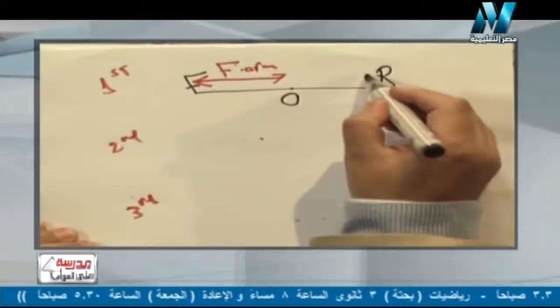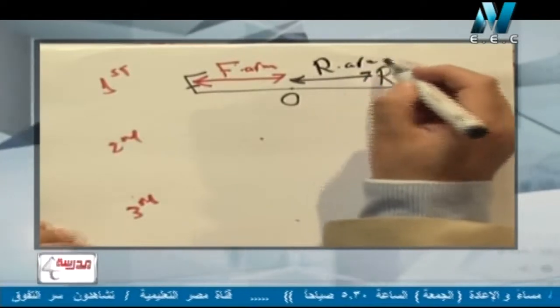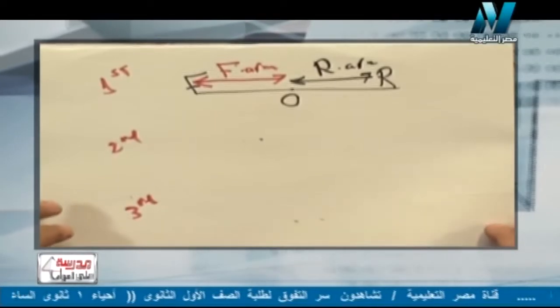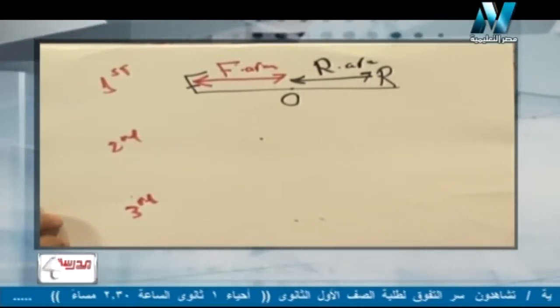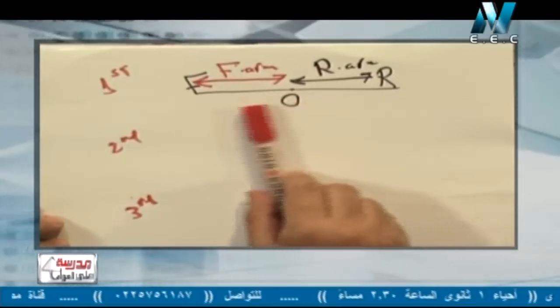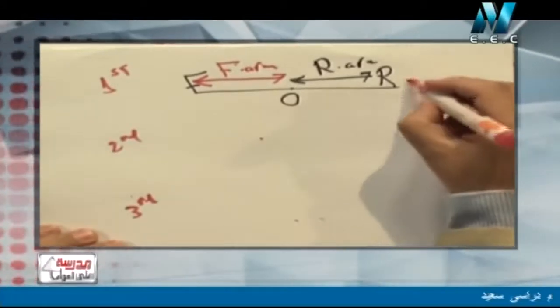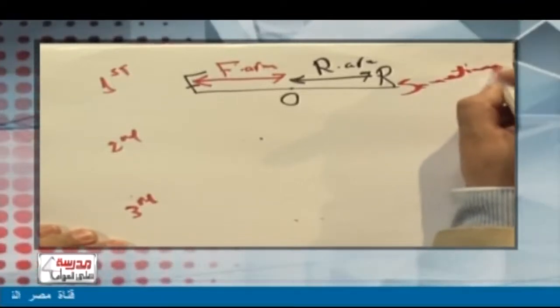I will draw the resistance arm in black. In first class lever, it sometimes saves effort and sometimes not. Why? Because if O moves to here or there, the effort force arm or resistance arm gets bigger or smaller. So first class lever sometimes saves effort and sometimes not.